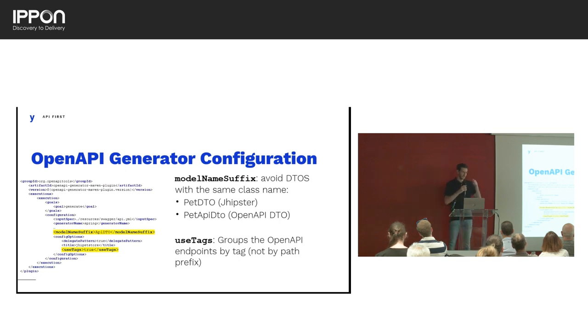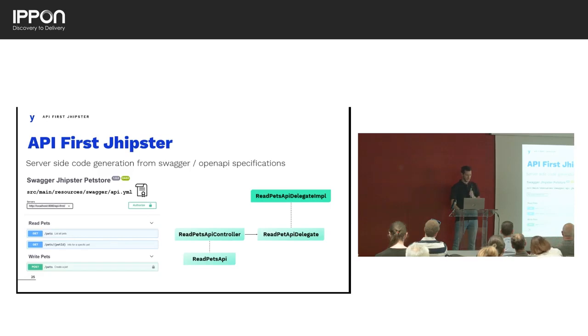So instead of having only one pets API here, using tags allows you to take these write pets and read pets and generate two separate delegates. This helps you, when you have a lot of APIs, to have the entry points of your application be more faithful to what the API design is.